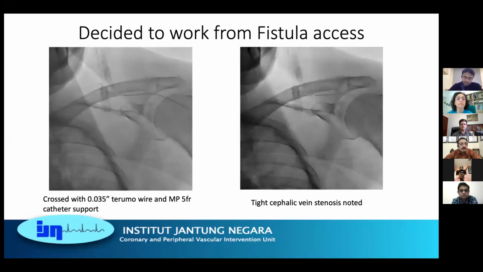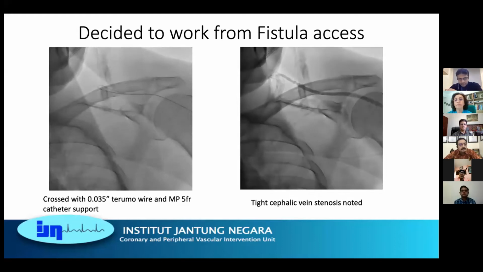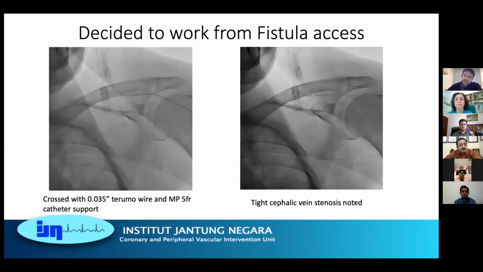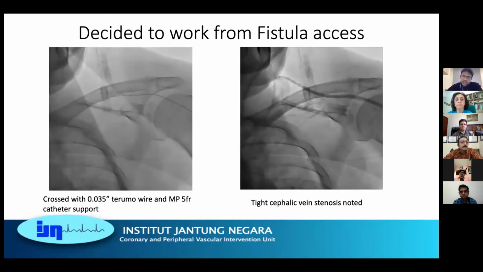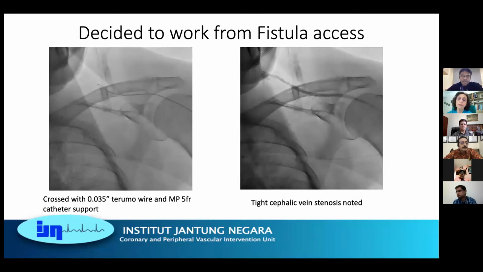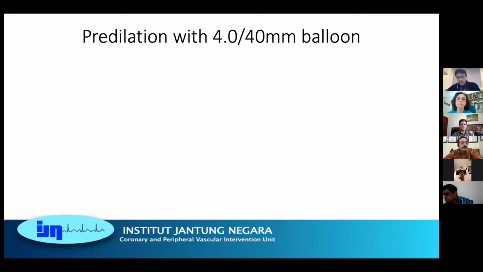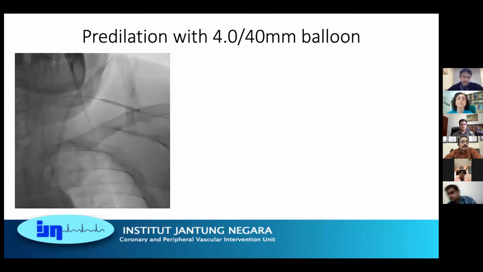But I took a picture first, usually, because I realized that a lot of patients who come in with a non-functioning fistula or thrombosed fistula actually have a very tight stenosis, either in the subclavian or at the cephalic vein. And this patient had a tight cephalic vein stenosis. So I took a 4.0 by 40 mm balloon first because I was concerned that the balloon might not pass the first stenosis, but it went in quite easily.